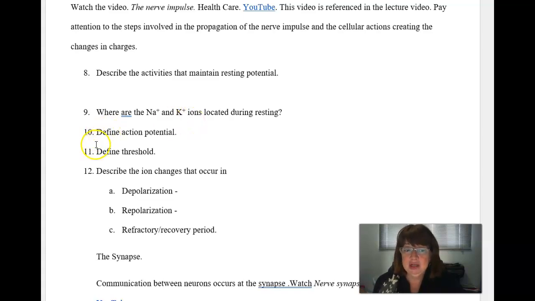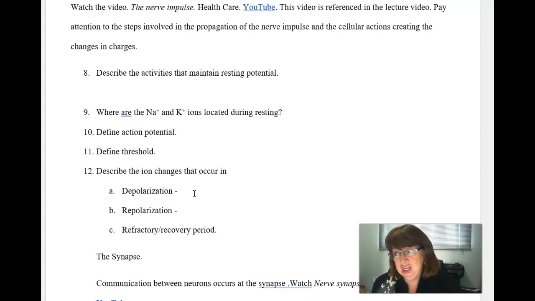Then along will come an action potential, which is the stimulus, which passes down the neuron. If it reaches threshold, which is a certain level to get it started, then there will be the changes or movement of the ions. And this starts with the opening of the sodium gates. The sodium gates open and sodium moves in, causing depolarization.